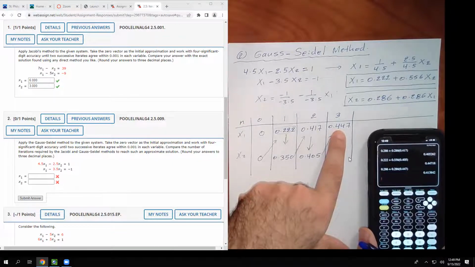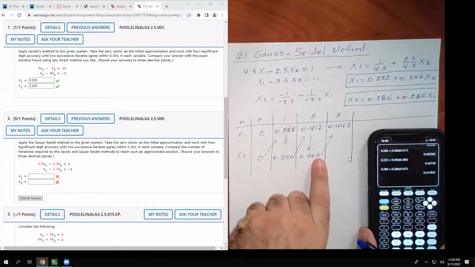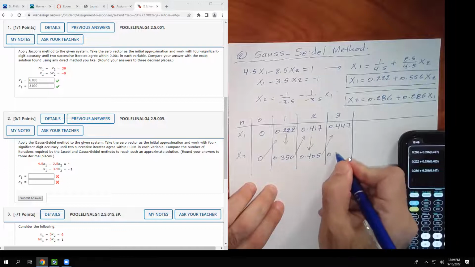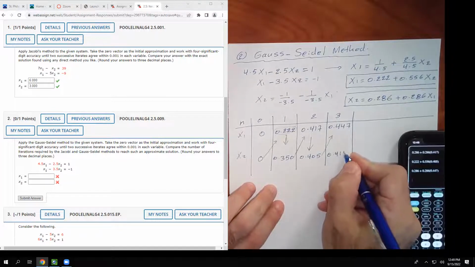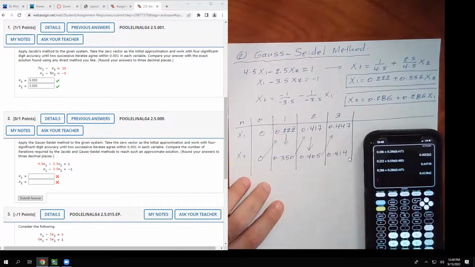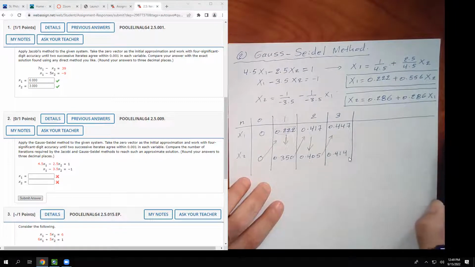So it's going to be 0.413. 0.413 is going to be 14. So rounding the number, 0.4138, so it's going to be 414. Let's keep going.